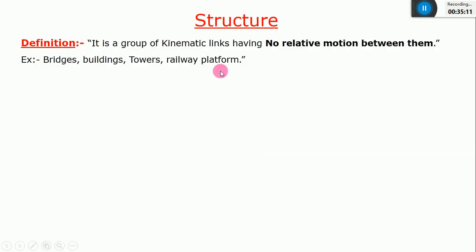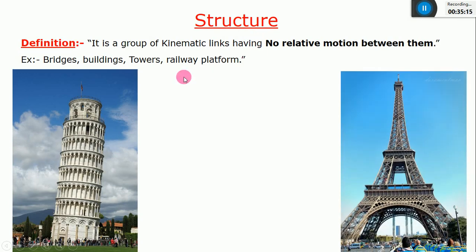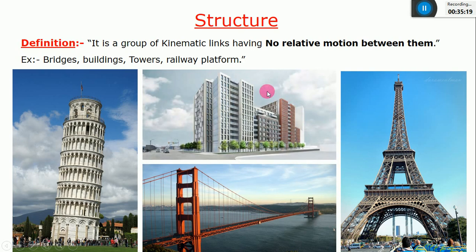Then finally, I'll take the last topic, that is a structure. All these things are examples of a structure: buildings, bridges, towers. So how can you say a structure? You can see in all these figures there is no relative motion between parts.